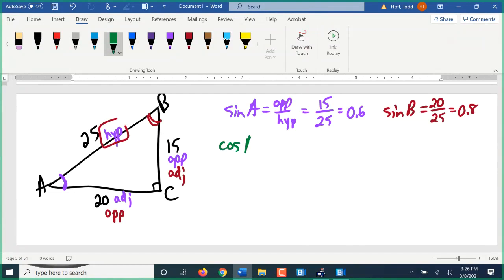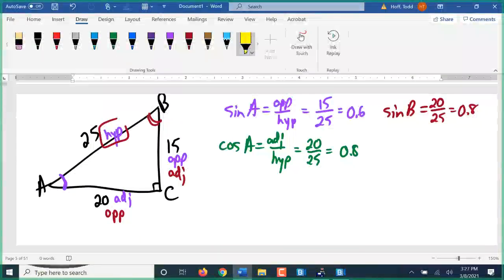What is the cosine of A? Careful. Cosine's adjacent over hypotenuse, which would be 20 over 25, so 0.8. Notice, those are the same, 0.8 or 20 over 25.